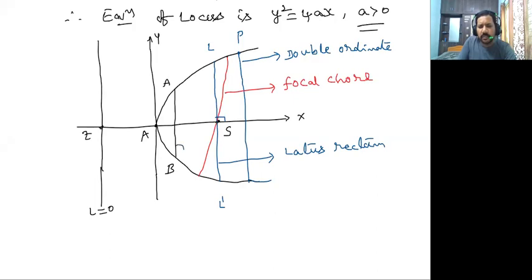This is a chord. These are all chords only, but in different forms. What about this line? Directrix. Now A is called the vertex. What is S? S is called the focus.